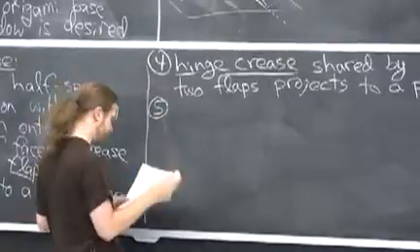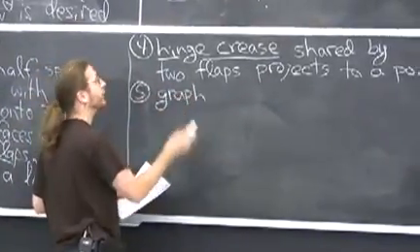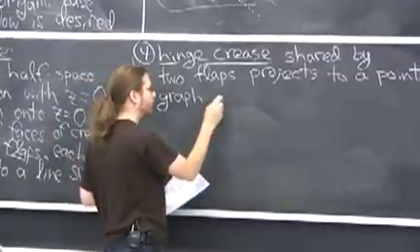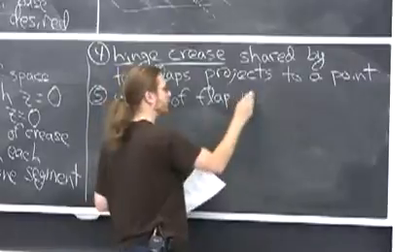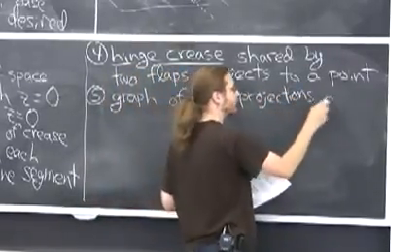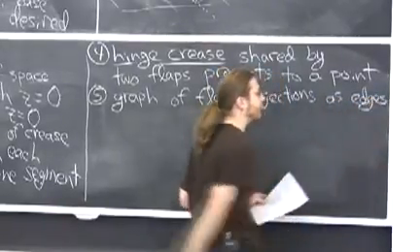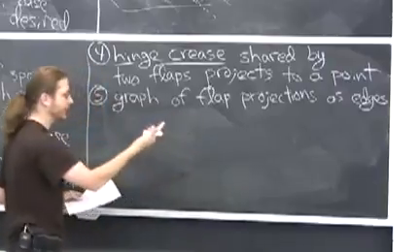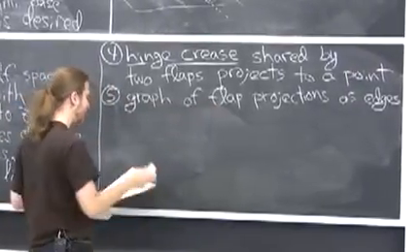So projection is a point. And then from those two properties, I can define a graph, which I want to be a tree. So each flap, I want to make an edge of my graph, and that edge is going to be the line segment that each flap projects to.